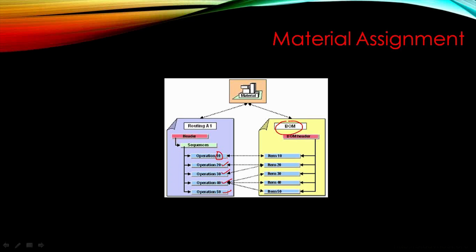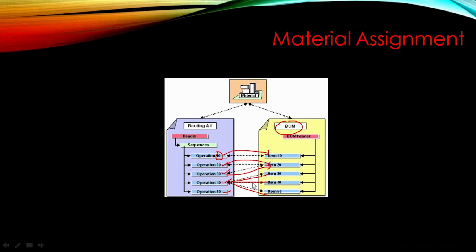So you can link here that operation number 10 will be consuming the first component. Operation number 20 will be consuming item 20, and operation number 30 will also consume item number 20. Same way, operation number 40 may be consuming all 3 of the items, like that. So you can assign the material to each operation, that which operation will be consuming which component.